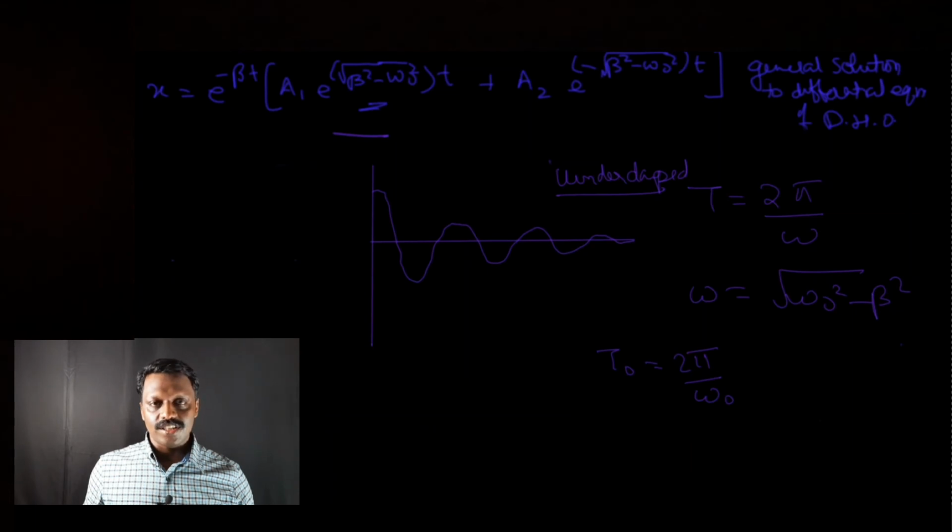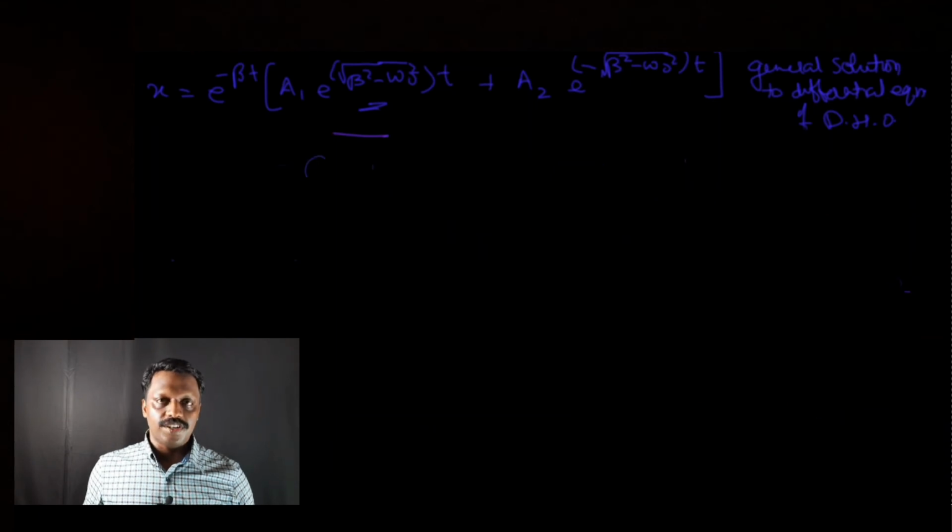T will be greater than T naught. So due to underdamping, the time period increases and amplitude decreases exponentially with time, so a periodic motion.